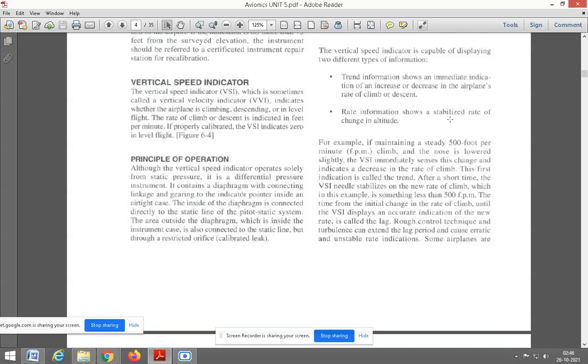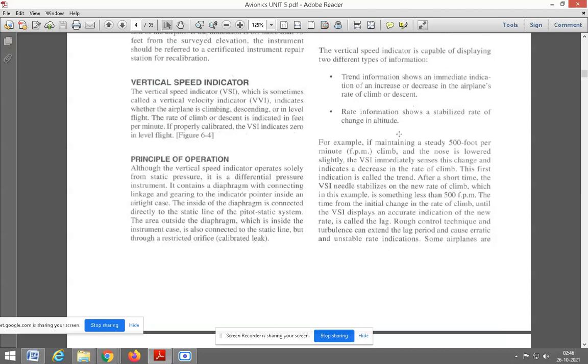And then rate information shows a stabilized rate of change in altitude. That means due to the change of altitude the pressure will be changing, and that information is also provided by your vertical speed indicator.